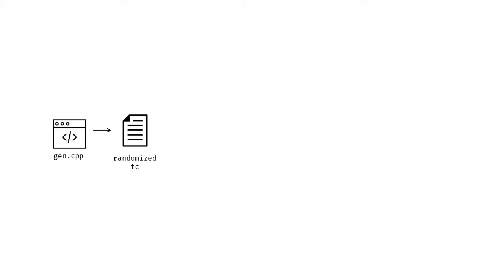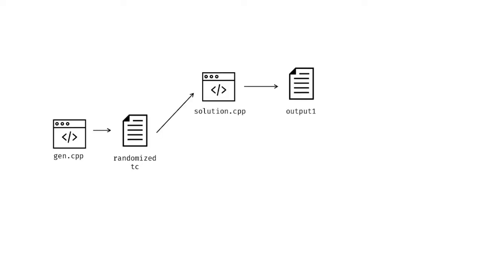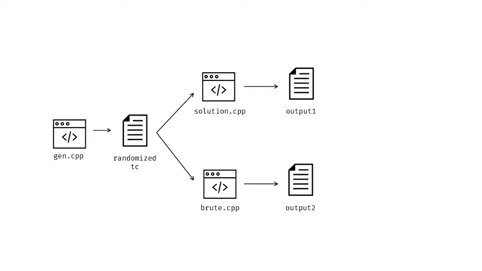So once we have the randomized test case, we can just run it on our solution and get the output of that. Now, how do you decide if this output that we have here is correct or not? What we can do is create another program called brute.cpp and run the same test case on that program and get the output of that as well.